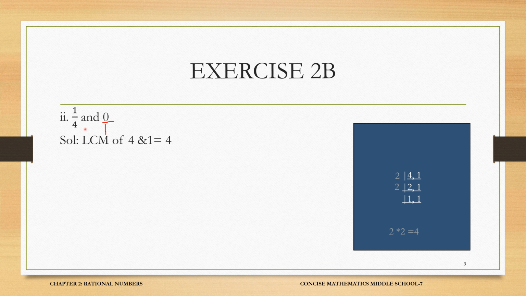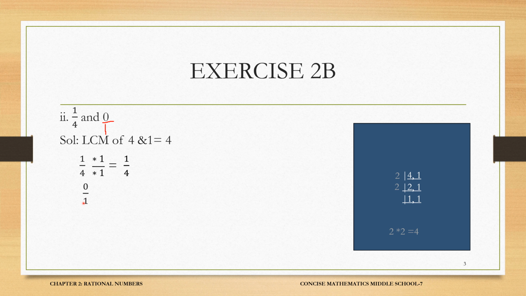Now you need to make the denominators as 4. 1 by 4 should be multiplied with 1 so that the denominator stays as 4, right? So 1 by 4 will be the first fraction, and even here you need to make the denominator part as 4. With which number you have to multiply to make the denominator into 4? It is 4, right?